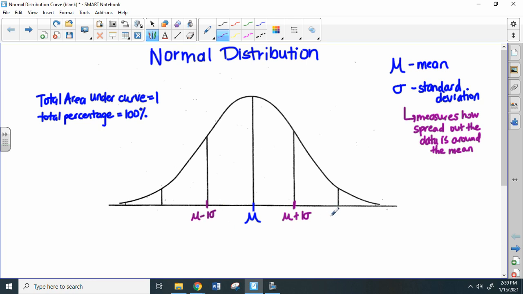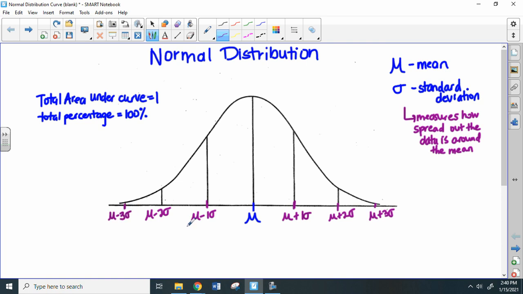You can move to the second mark by adding or subtracting 2 standard deviations. It's hard to see, but there is a little third mark right here, which you reach by adding or subtracting 3 standard deviations.